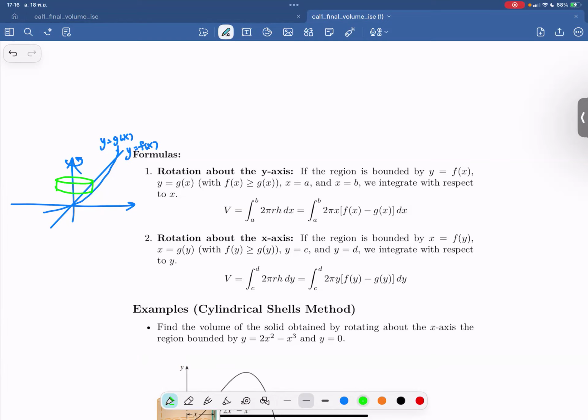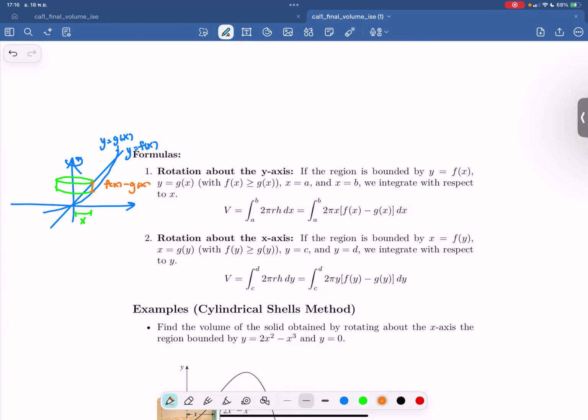So your cylinder looks like this, right? The radius should be the value of x and the height should be the difference between the two functions. So you just put the upper one minus the lower one. The upper one is f(x), the lower one is g(x).